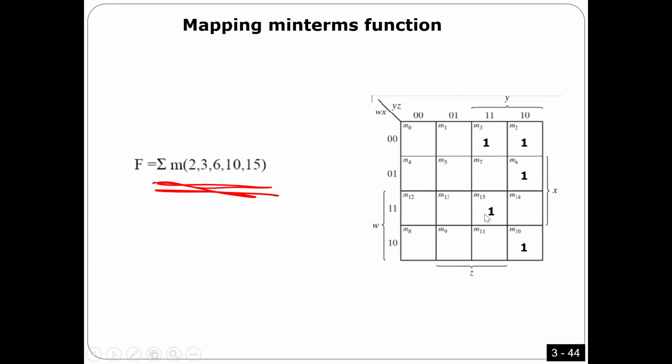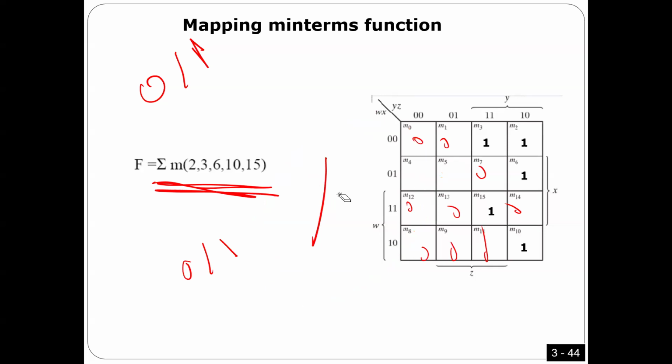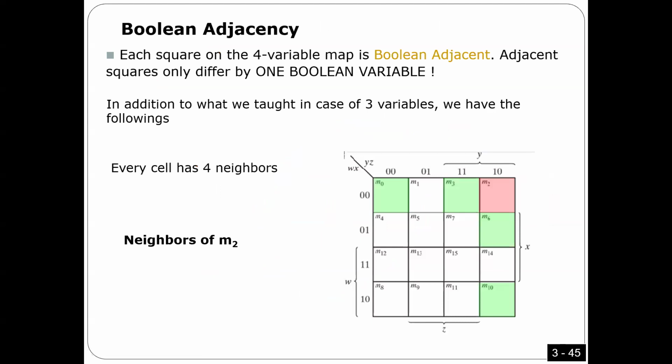Okay, so these are the locations of ones. The other locations for sure are zeros. So if you write it or you don't write it, it doesn't matter. So it's zeros. Okay, we'll have something else. Usually you have 0 or 1, okay? But I'm going to explain, sometimes we have 0 or 1, sometimes we have X, don't care. But this is a very special case and we'll talk about it later. Usually it's either 0 or 1.